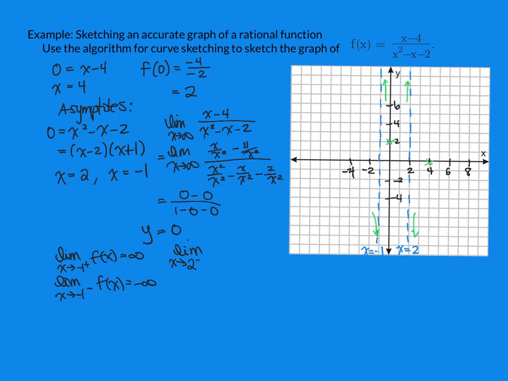Two from the left is positive. Two from the right is negative. And recording this allows us to show our thinking, right? If someone else was to read this, they could see why we concluded that those pieces would be there.